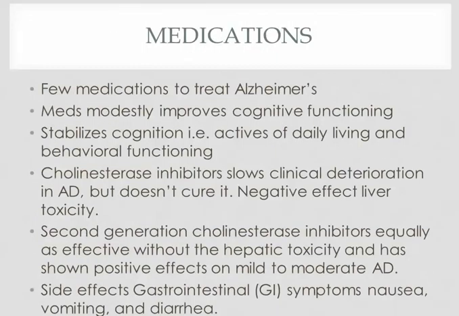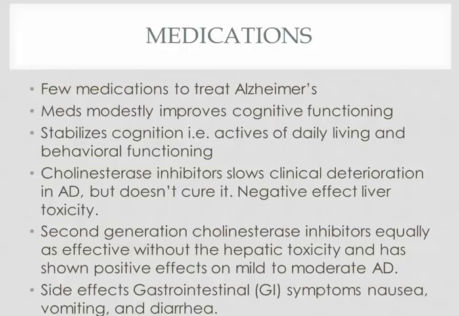There are a few medications to treat Alzheimer's disease. The medication modestly improves cognitive functioning. However, it does not significantly improve it. The medication also assists clients with being able to mentally do their daily activities as well as behavior functioning, so it stabilizes their cognition.